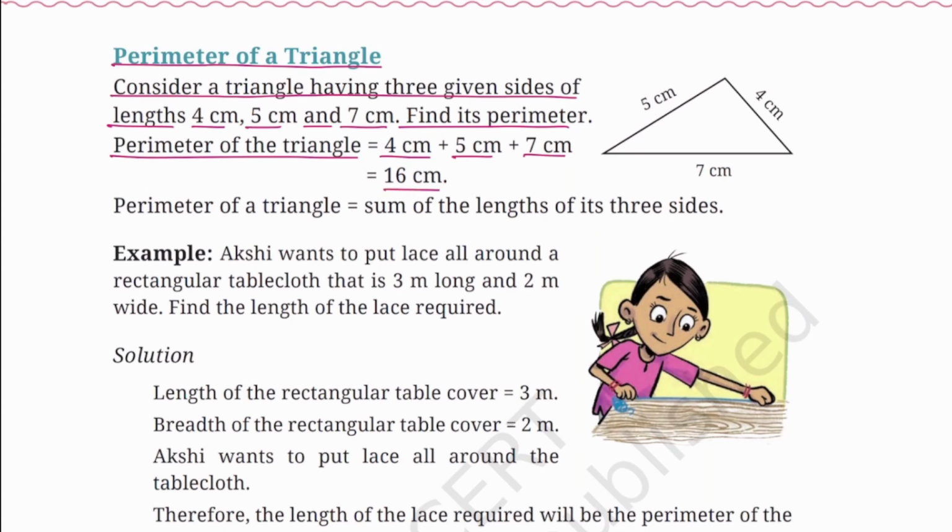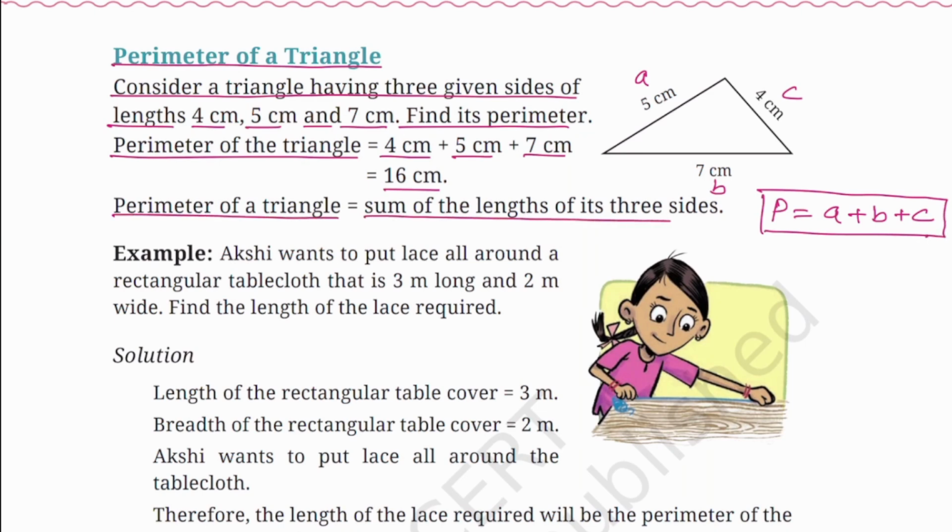If you want to derive the formula, then you can derive like this. If the sides are A, B, C, then perimeter is equal to A plus B plus C. That is the sum of all the 3 sides. Perimeter of a triangle is equal to the sum of the lengths of its 3 sides.